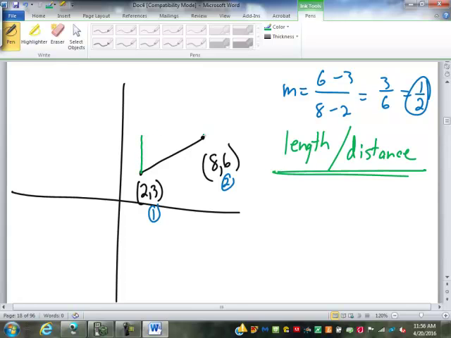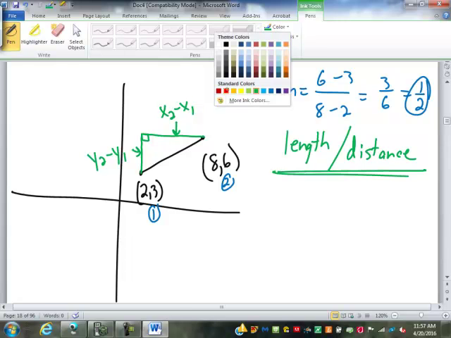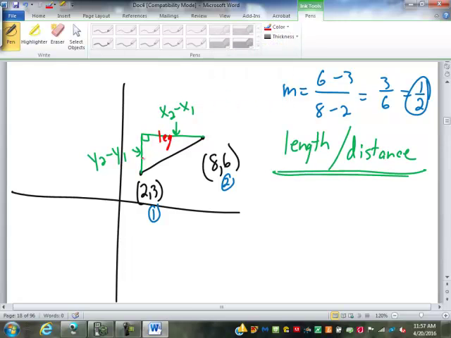What we found for the slope, the y2 minus y1, the rise, is that length right there. The run, the x2 minus x1, is that length right there. Now, if we look at that, we see that that makes up the 2 legs of a right triangle.